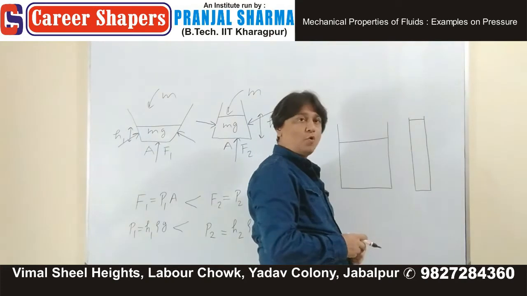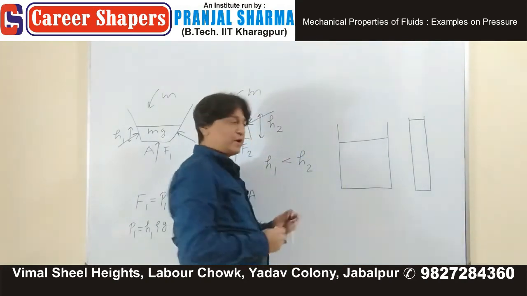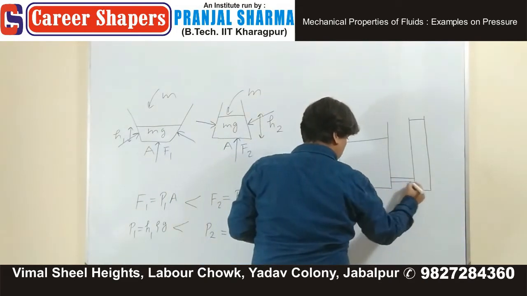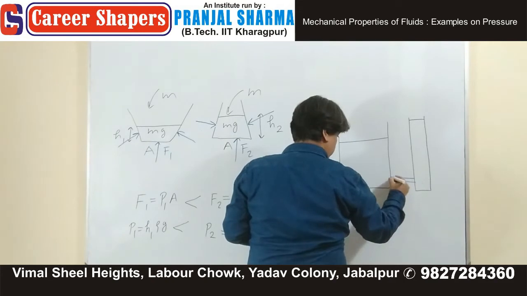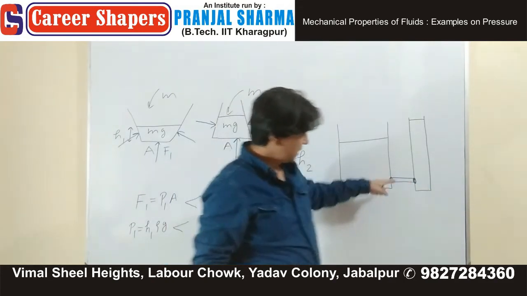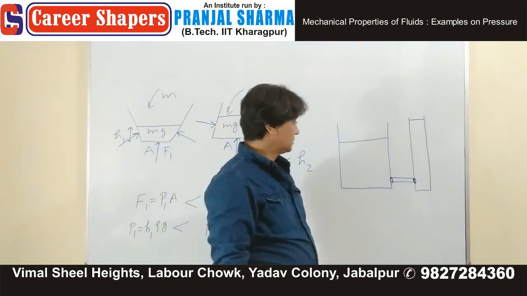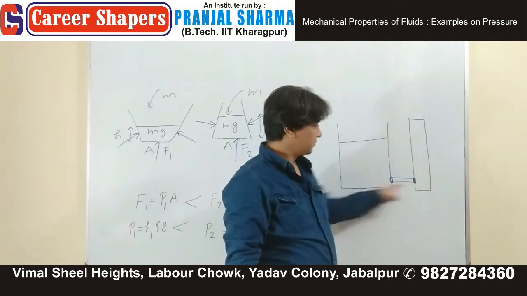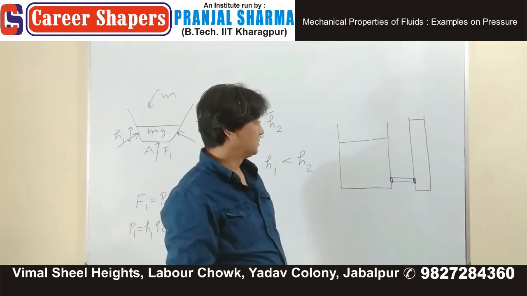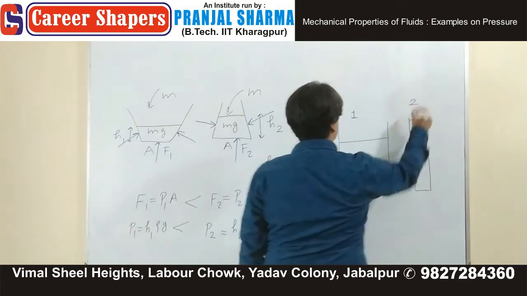This has more height, this less. And then what we did, we connected them with a tube near the bottom. They are connected and water can run through this tube. It can easily move through this blue tube at the bottom. This is beaker 1, this is beaker 2.